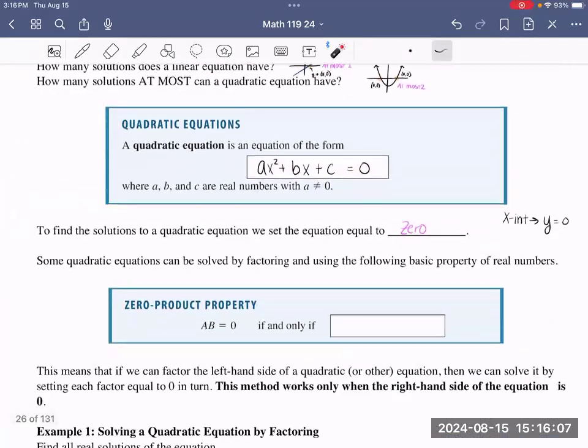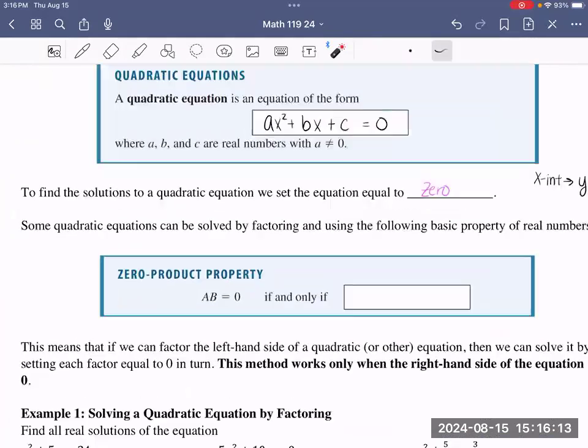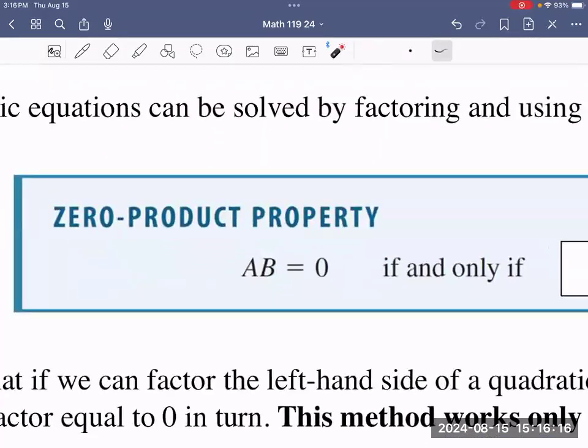Now, some quadratic equations can be solved by factoring, and others use the basic property of real numbers. First and foremost, we have the zero product property.